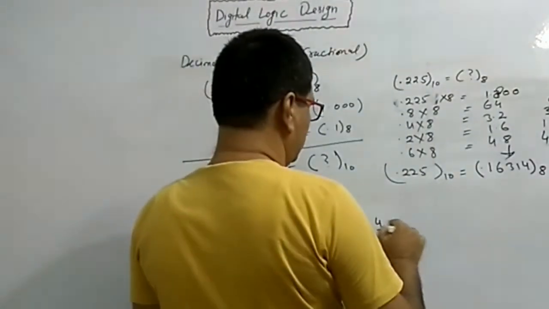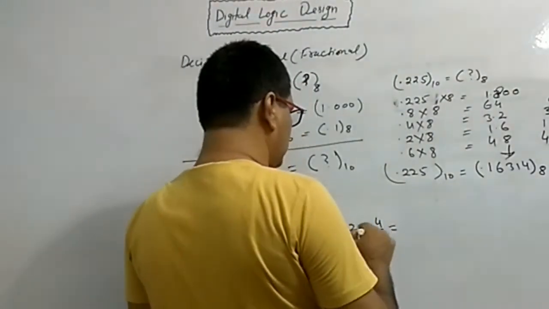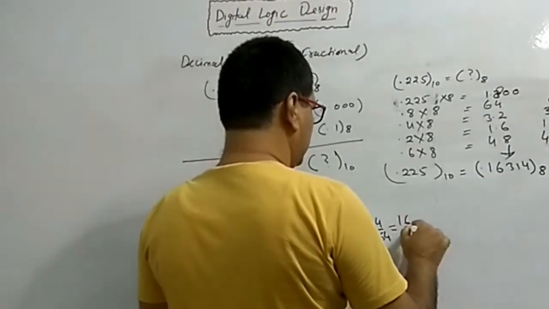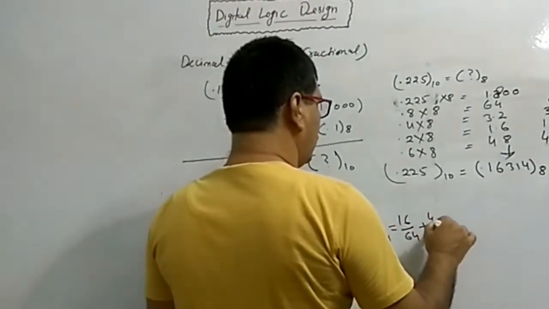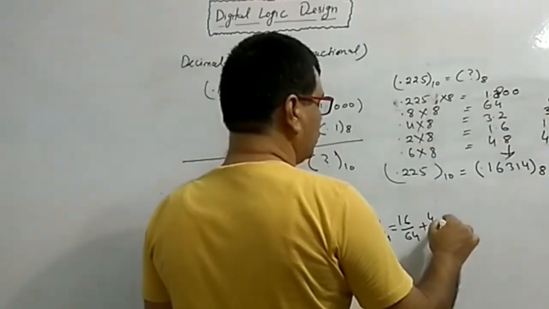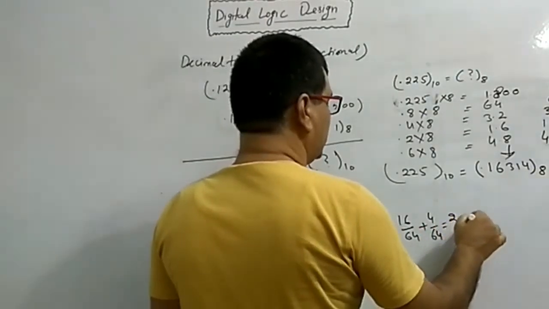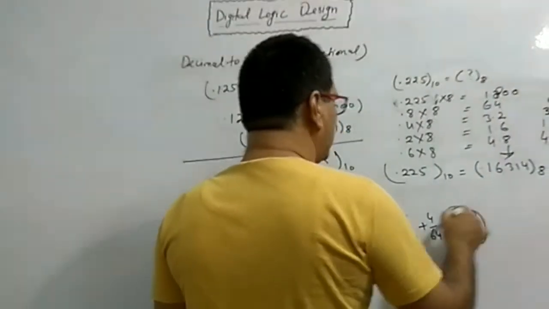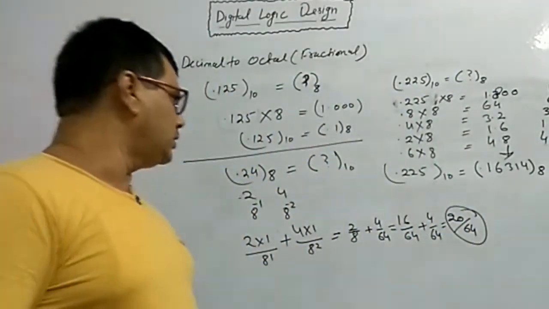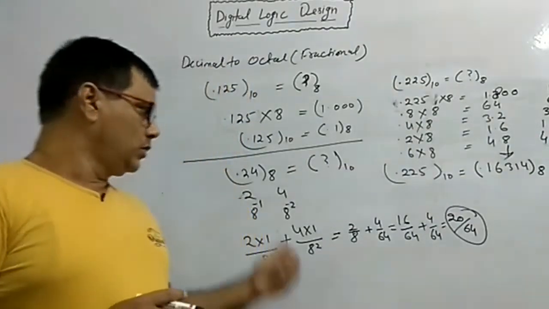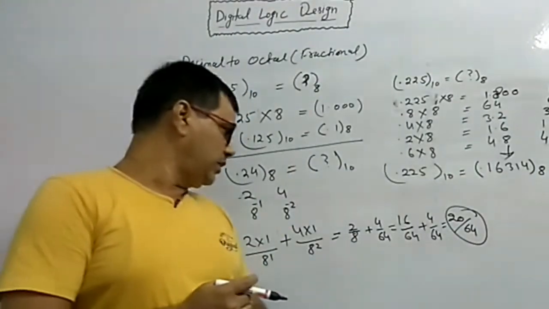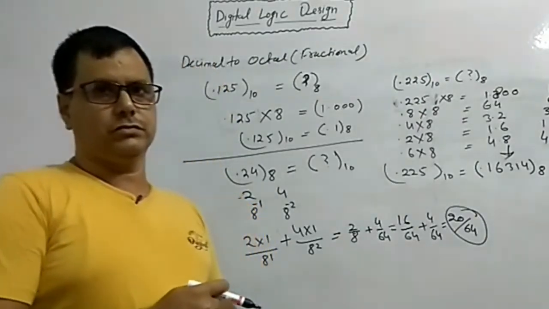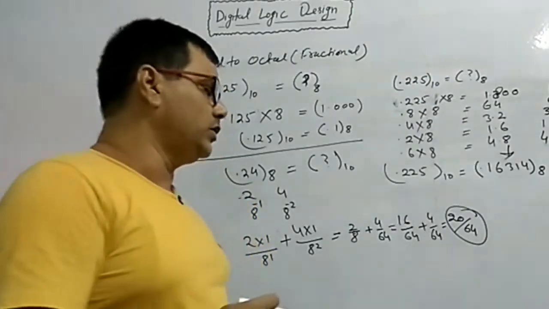Or you can say this is equal to 16 upon 64 plus 4 upon 64, that is 20 upon 64, and you may divide this number, which will be the equivalent decimal number of the corresponding octal number.